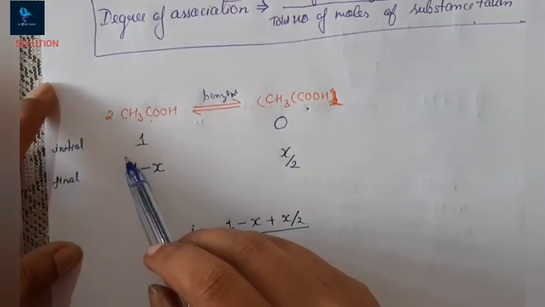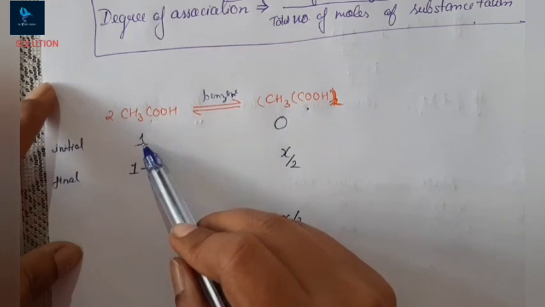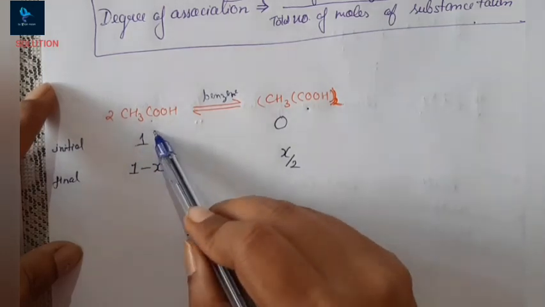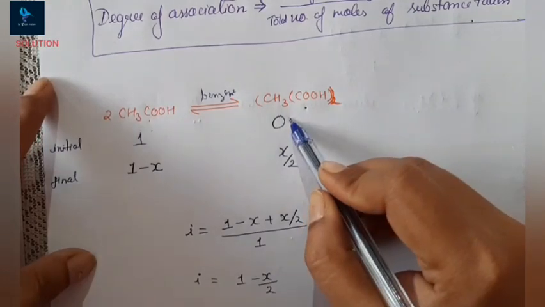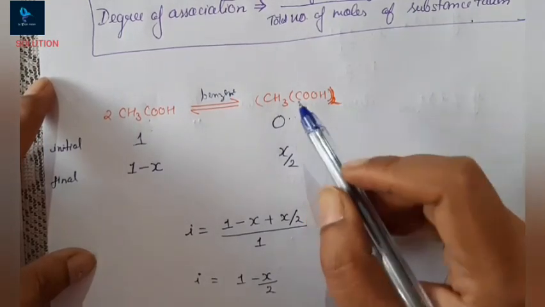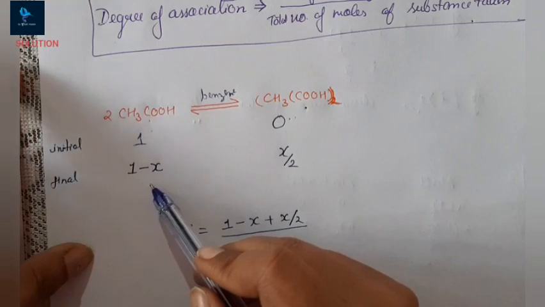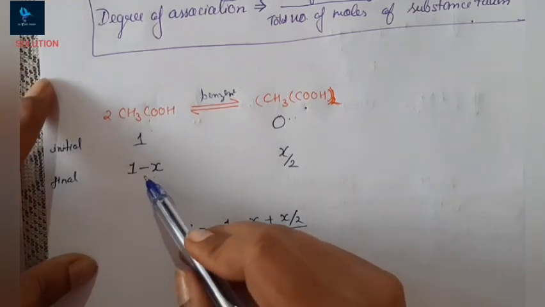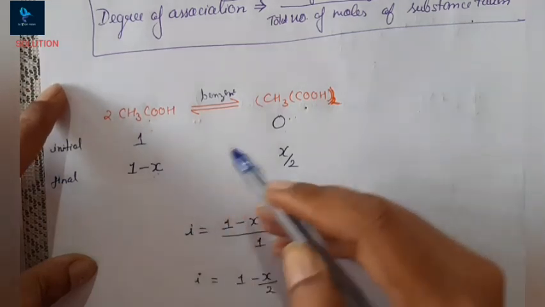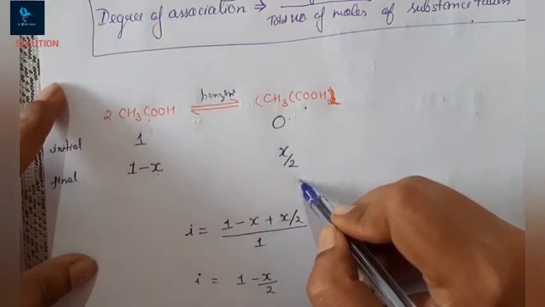Initially, before dissolving, there is 1 mole, and 0 association, but after dissolving in benzene, we get 1 minus x and x by 2.